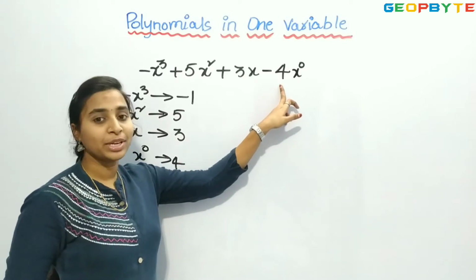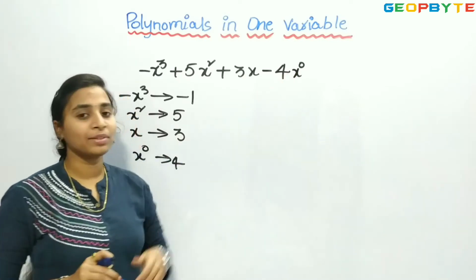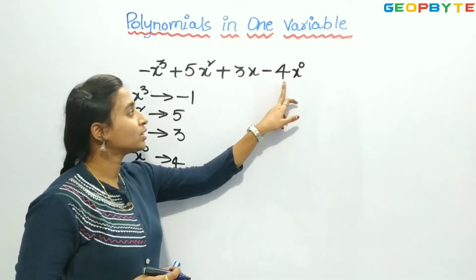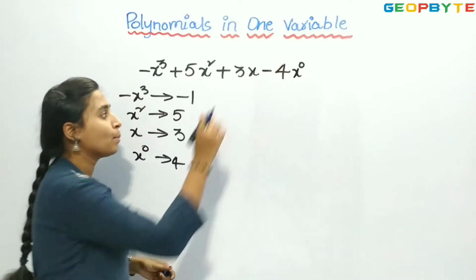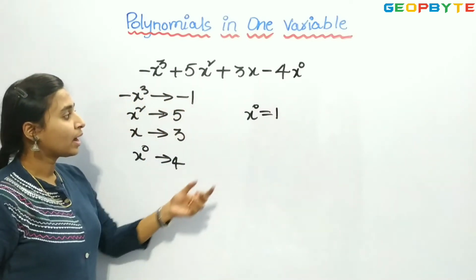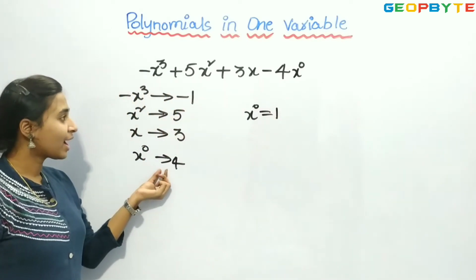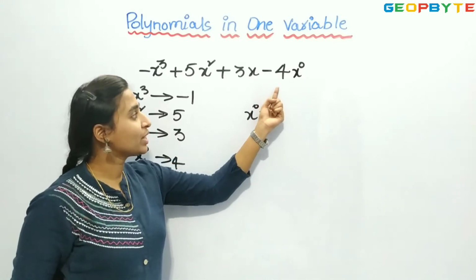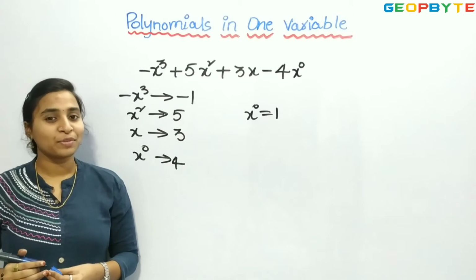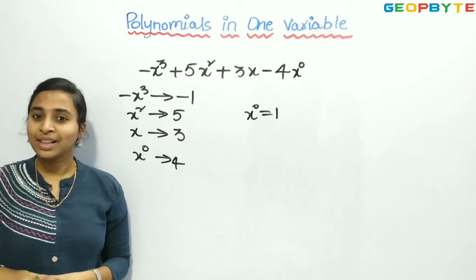Not only 4, any constant can be written as the constant into x⁰, because x⁰ is equal to 1. So, these are the coefficients of the polynomial expression.